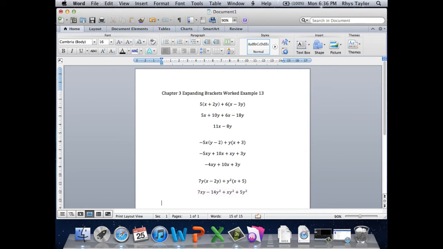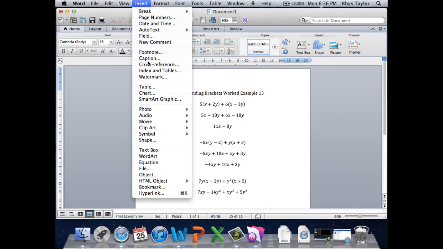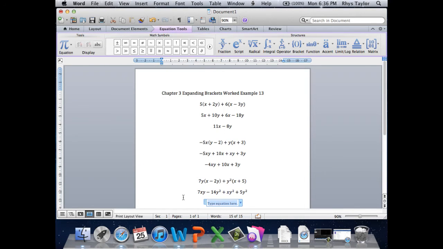Alright, gather my like terms together, leave the ones that I can't. There's only one 7xy, so he can stay there. I've got negative 14y squared plus 5y squared.